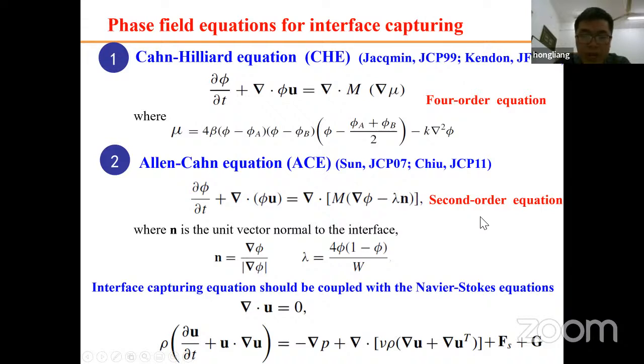In this regard, the Cahn-Hilliard equation has many difficulties, such that numerical modeling of it has a lot of discrepancies. So in this work, we will use the Allen-Cahn equation to model the interface, and the phase-field equation should also be coupled with the Navier-Stokes equations with the surface tension force. Next.